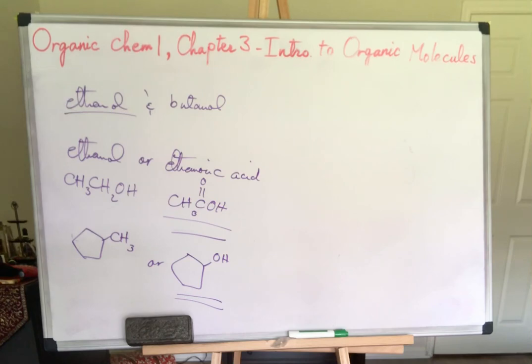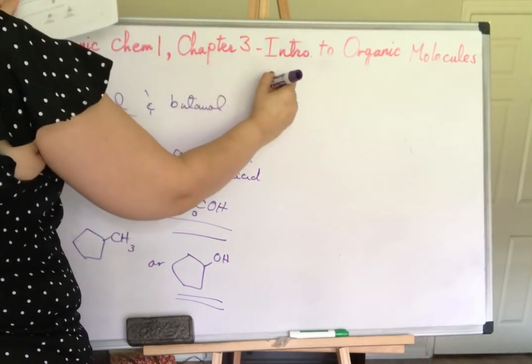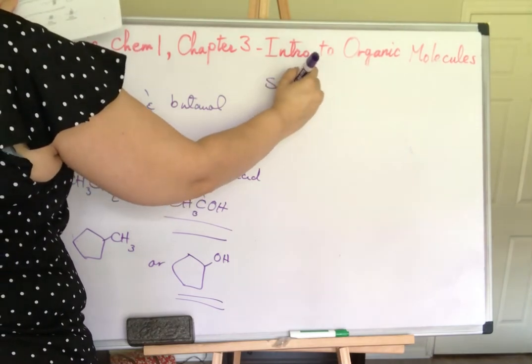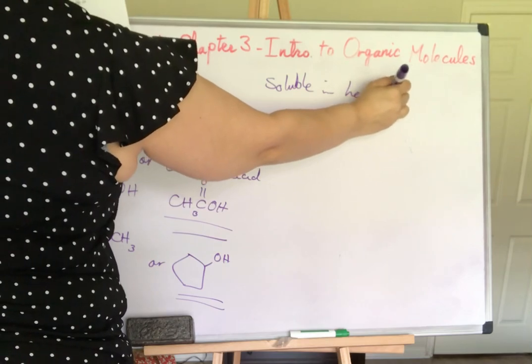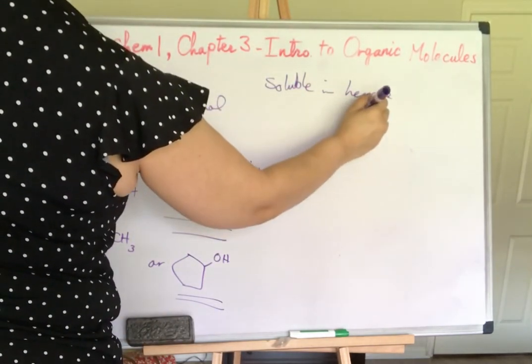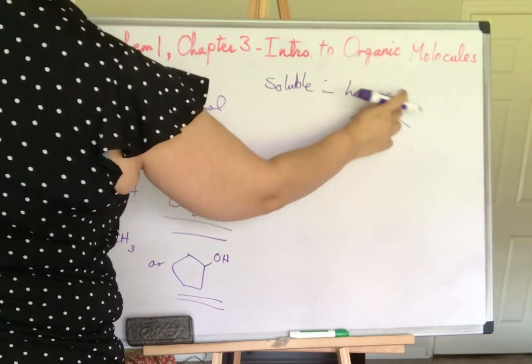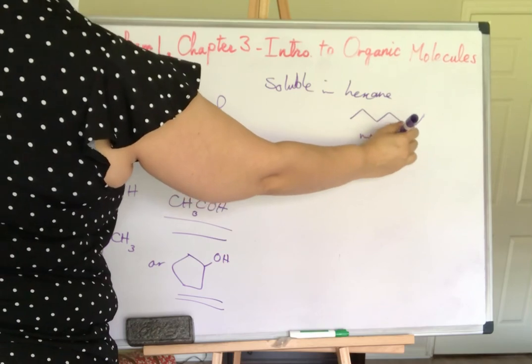Now let's see which one of these. This time I'm just working on one to see which one is more soluble in hexane. Don't forget, like dissolves like. We are talking about hexane. Hexane is 1, 2, 3, 4, 5, 6. It's the nonpolar molecule, right? Like dissolves like.